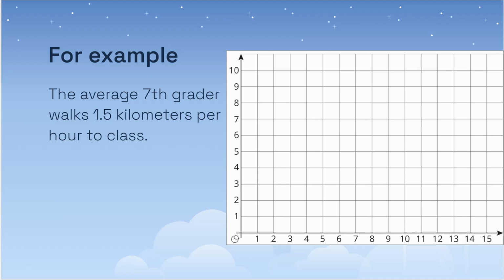So let's look at an example here. The average 7th grader walks 1.5 kilometers per hour to class. Well, one thing we can do is make a table. Or first we can write the equation if we would like, but this is a pretty easy one, so we can just make the table.